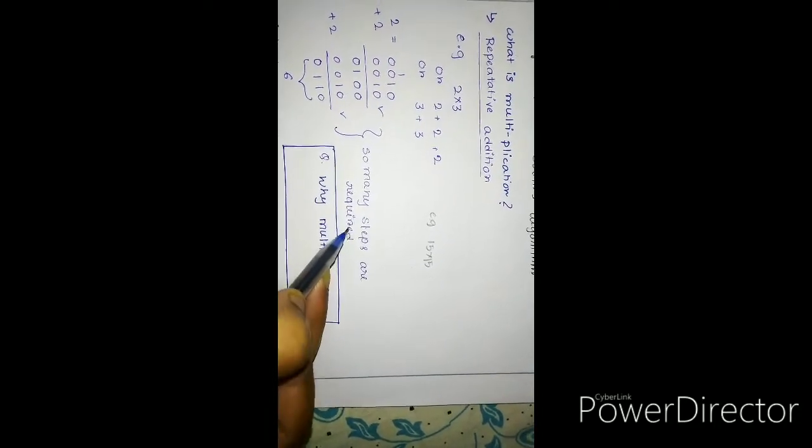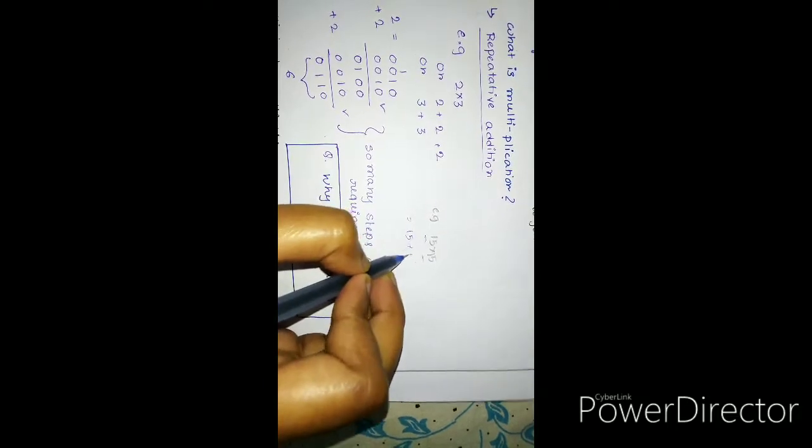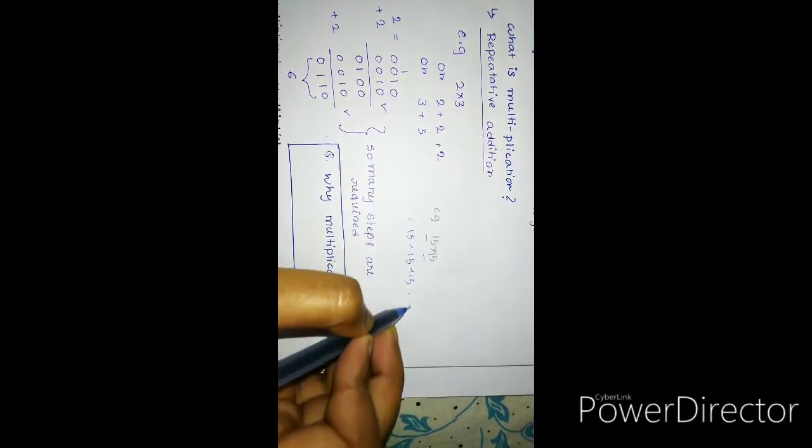2 into 3 means 2 plus 2 plus 2. So 2 plus 2 is 0 1 0 0. Then the next step, 0 0 1 0, gives 0 1 1 0, which is 6. But you can see that just to multiply 2 cross 3, I have to do so many steps. Suppose 15 cross 15, it means 15 plus 15 plus 15, till I have to add 15, fifteen times.